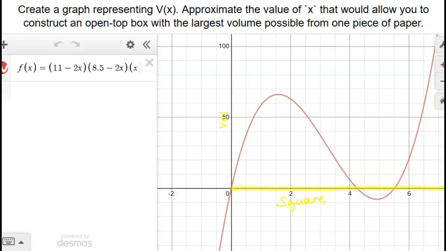So we can only use the values of x that give us a positive volume and that give us a positive side length. So once we get past this point right here, now our volume is negative. This value of x doesn't make sense anymore. So again, we have that 0 to 4.25.